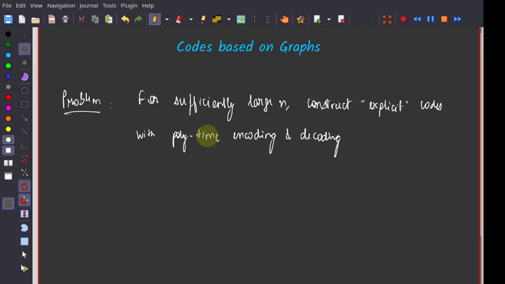In fact, not just polynomial time, we'll want them to be not just worst case order n square, but we'll demand even smaller than that, at most order n log n or n times polynomial in log n. So it must be much smaller than order n square.